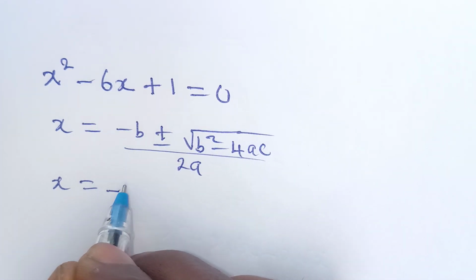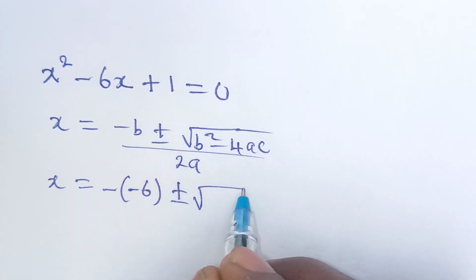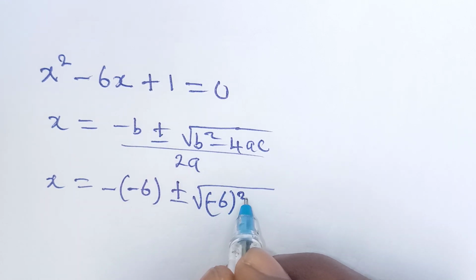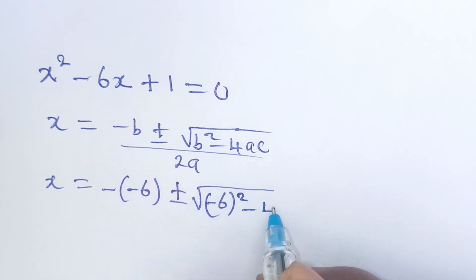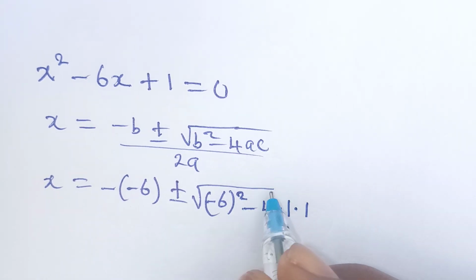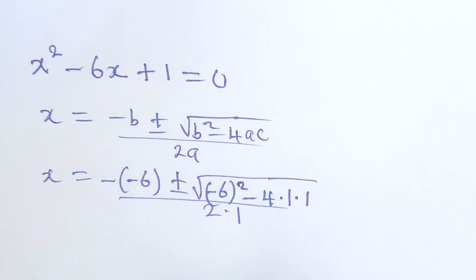So we're going to have minus 6. Then plus or minus, we have square root of b squared, which will be minus 6, then we square this. Minus 4 times a is 1, and c is also 1. The whole of this is over 2 times 1.